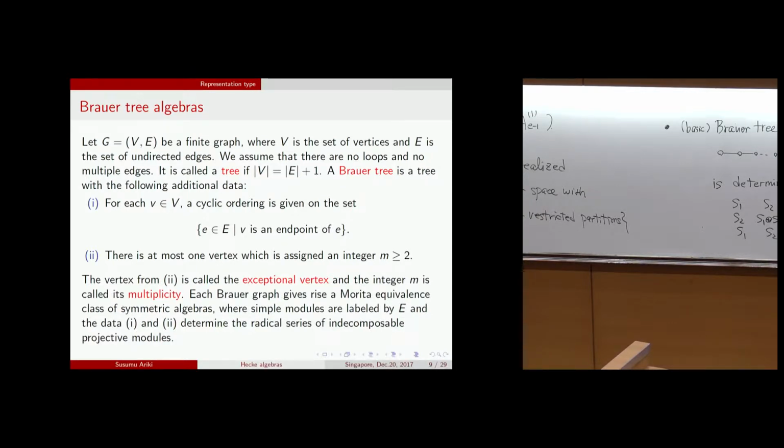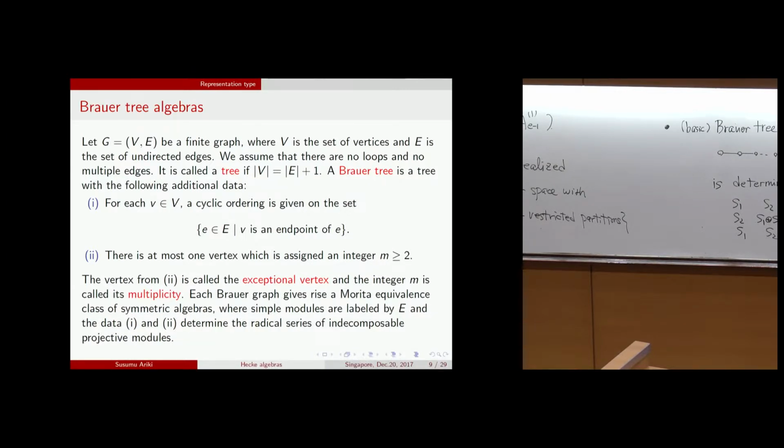So there's a standard way to define a class of algebras, symmetric Brauer tree algebras, where simple modules are labeled by the edges, and the data 1 and 2 determine the Loewy series of indecomposable projective modules. And this defines uniquely a basic algebra and the Morita equivalence class of symmetric algebras.